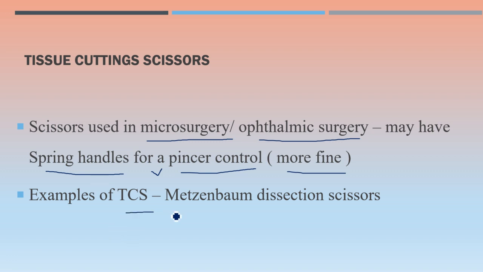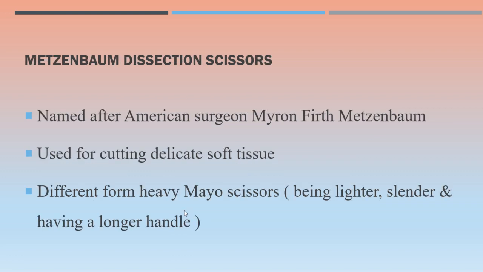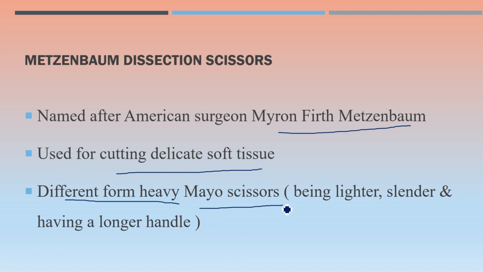Examples of tissue cutting scissors: one I have already told you, the Metzenbaum dissection scissors. What is this? Two or three important points. Named after American surgeon Myron Metzenbaum, used for cutting delicate soft tissue, and it is different from the heavy version of these dissection scissors, the Mayo scissors, which are usually heavy.